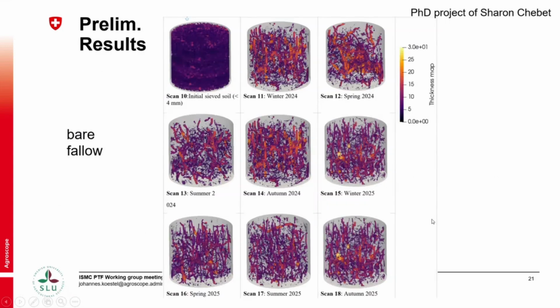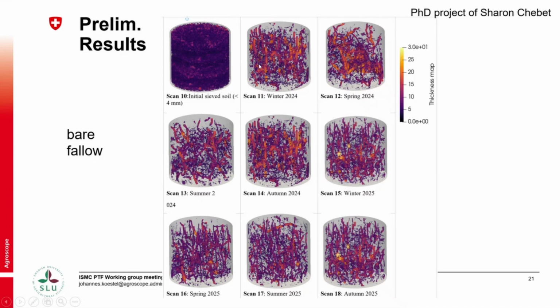And this is how the pore system looked in the bare fallow. You see in the beginning it's again some interaggregate pore space, but already after 3 months you have a lot of biopores established. And actually, we are not sure what is making these biopores.